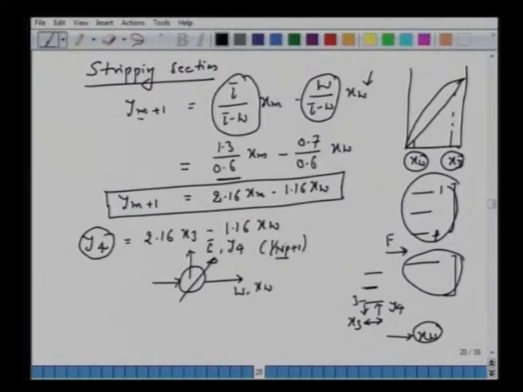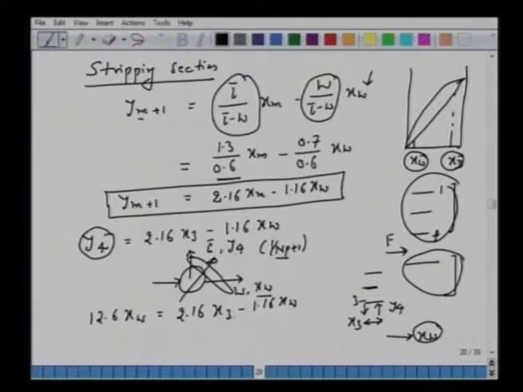So we have 3 stages, so this is Y4 here, and the two streams are in equilibrium. So Y4 we can write in terms of Xw as 12.6 Xw, equal to 2.16 X3 minus 1.16 Xw.